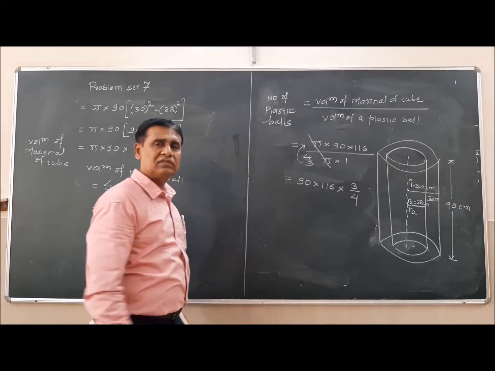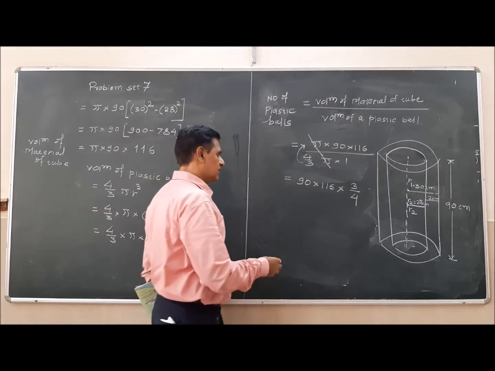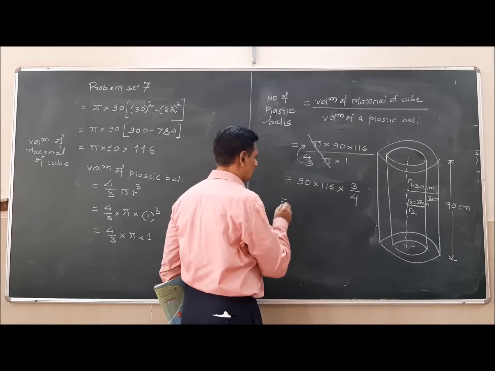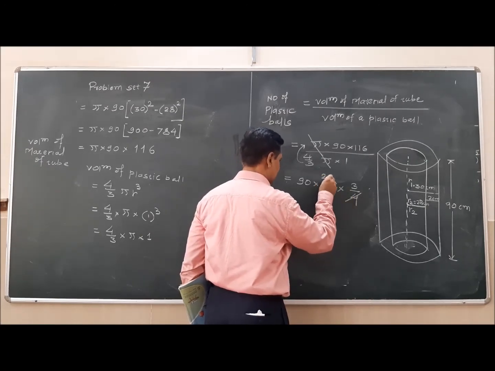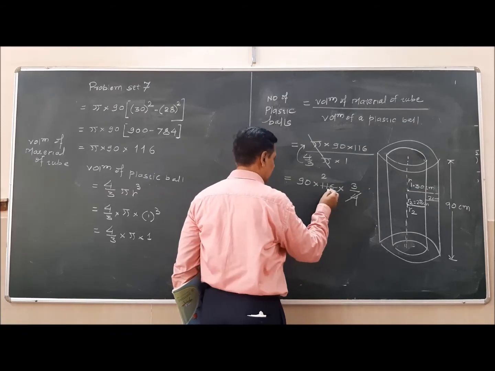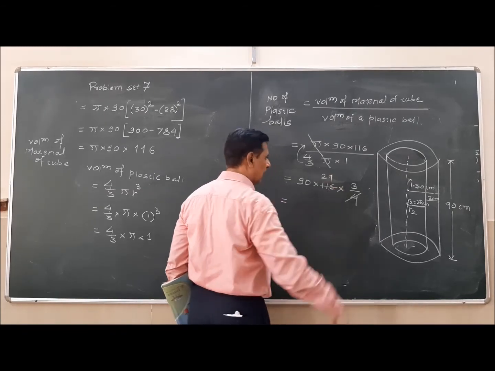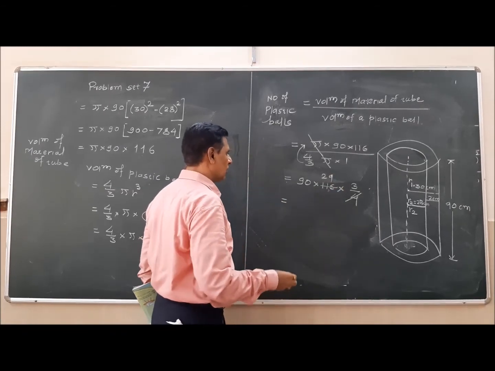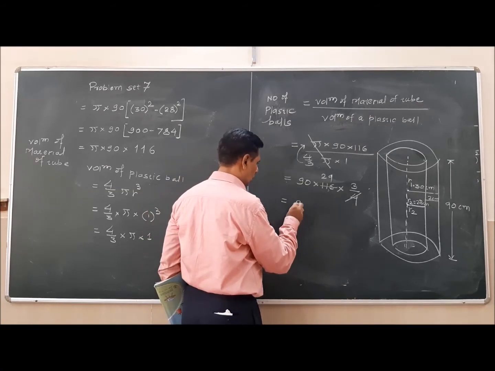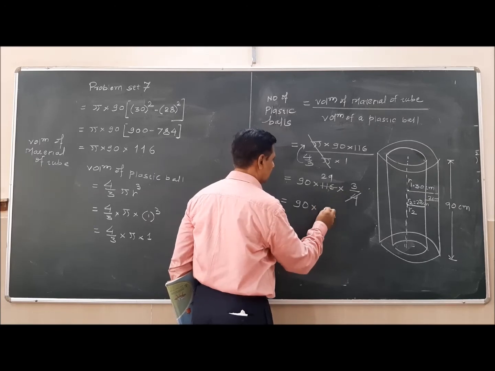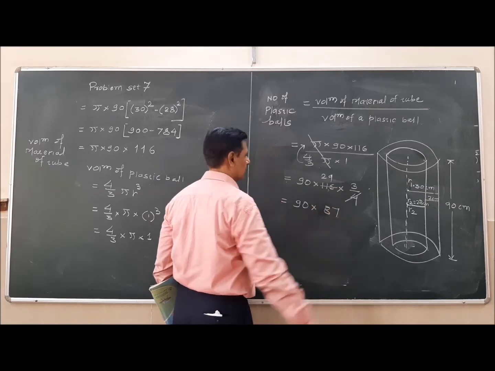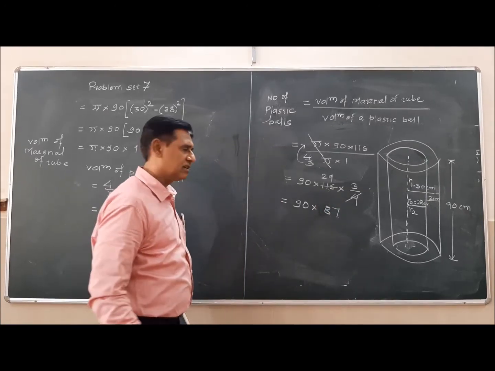That will become 3 upon 4. Now 3 upon 4, 4 2s are 8, carry 3, we get 9. So 90 into 87.